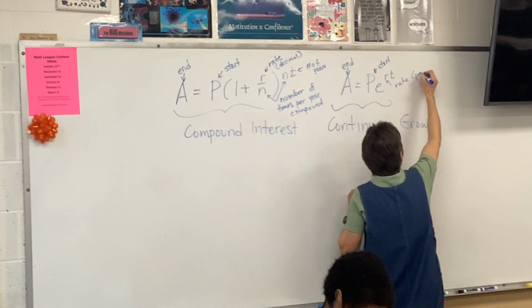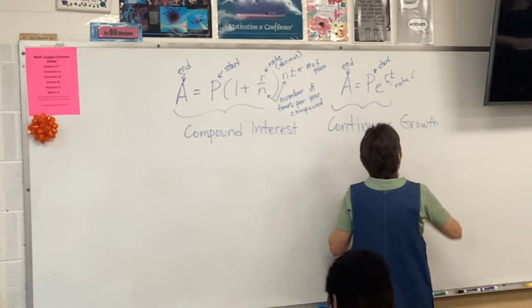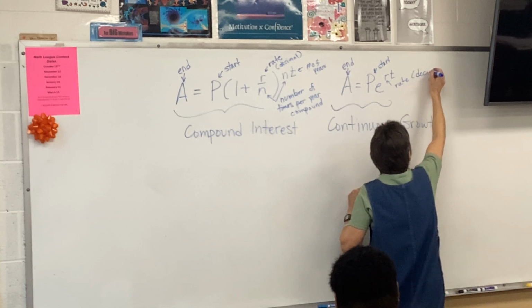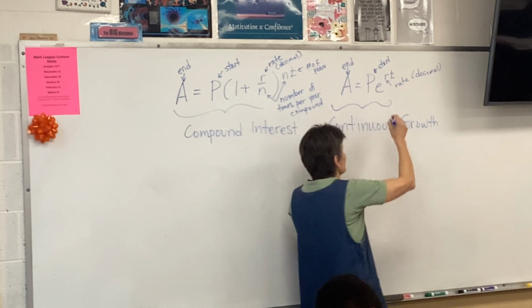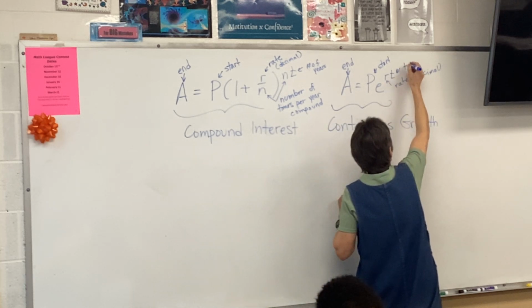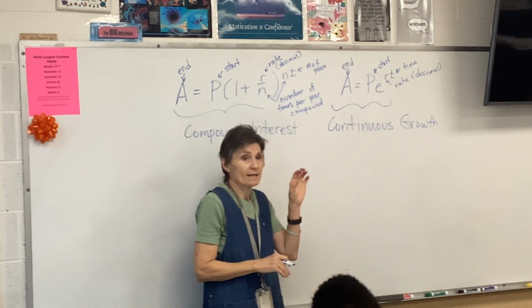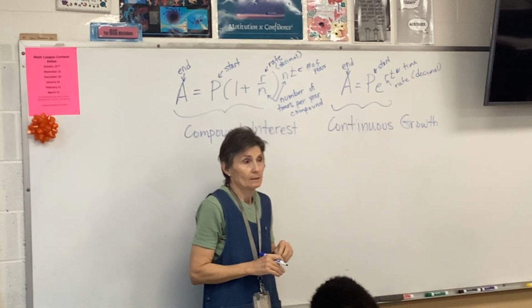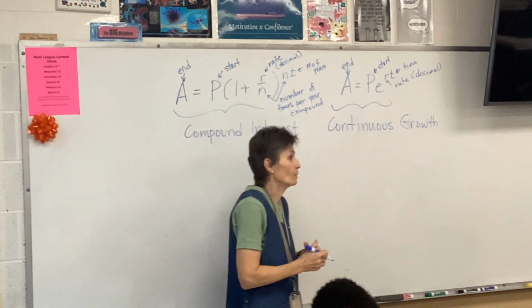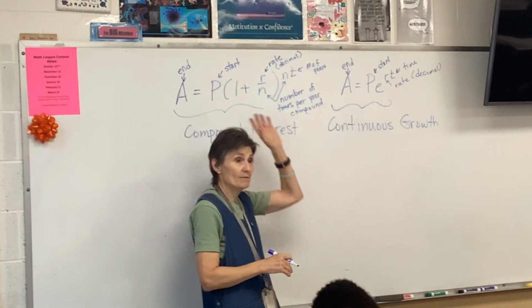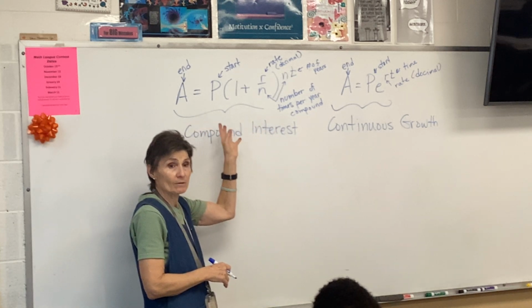And again, it's got to go in as a decimal. And T is time. In this formula, it doesn't have to be years. It will tell you in the problem, days or months or weeks or whatever, but it's whatever the time is. In this formula, time is always in years.